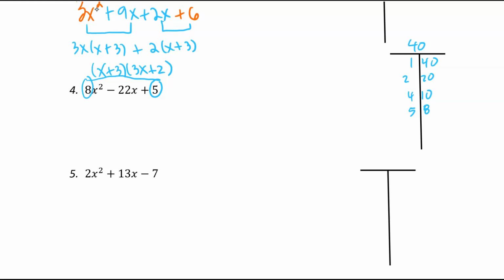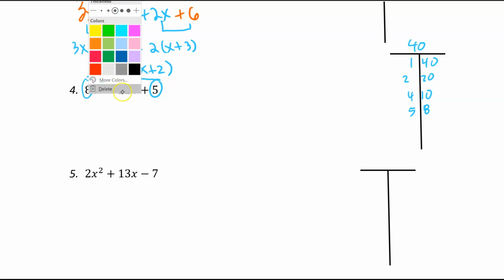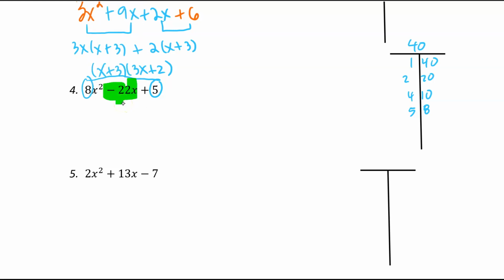What will work so that when we add our pair, we get a negative 22? So if you said a negative 20 and a negative 2, because if you multiply this, you get the positive 40, then you are correct.